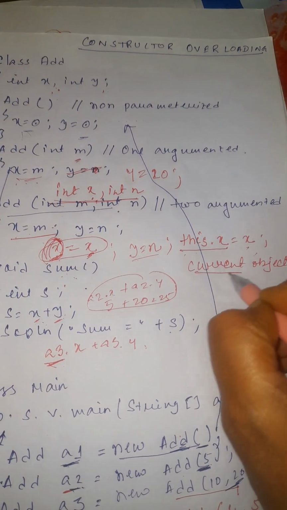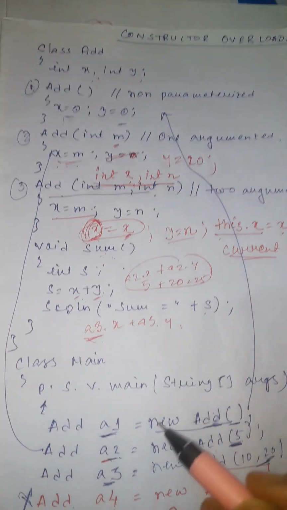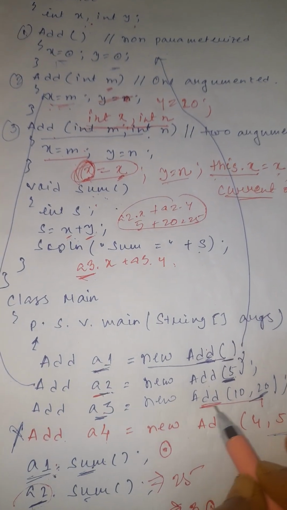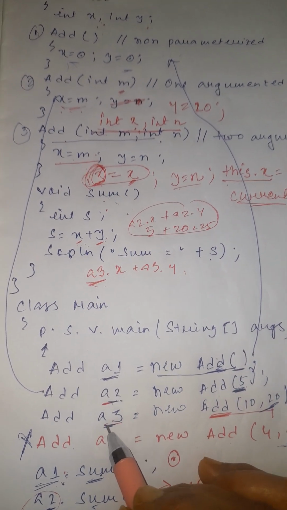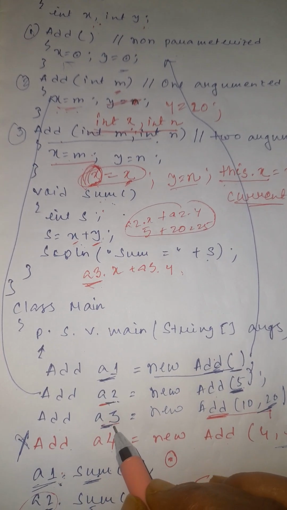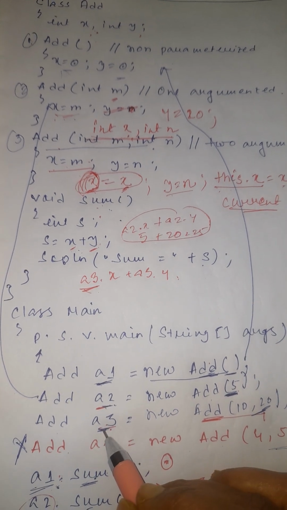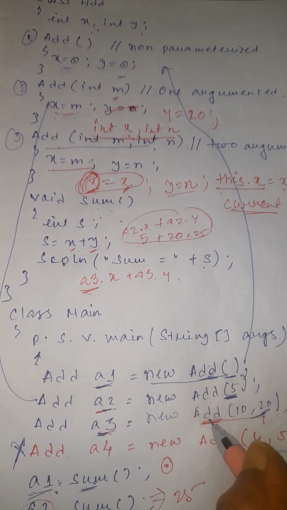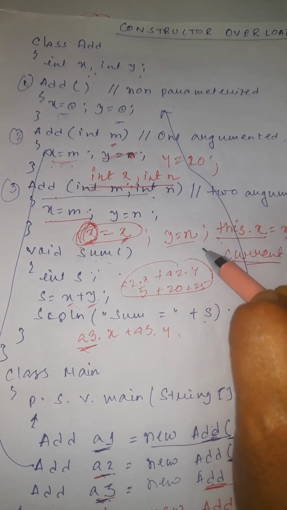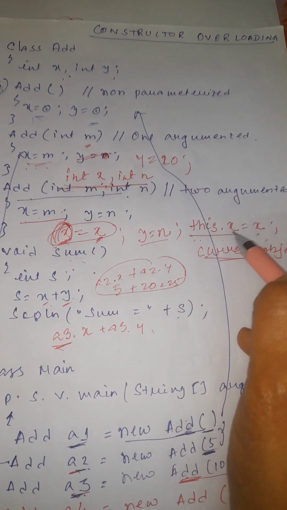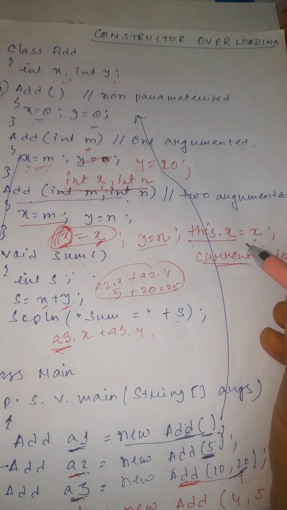What is this current object? This means this two-argument constructor. So you create the a3 object. At the time of creation, you can call this two-argument constructor. So this.x equal to x means a3.x equal to x.